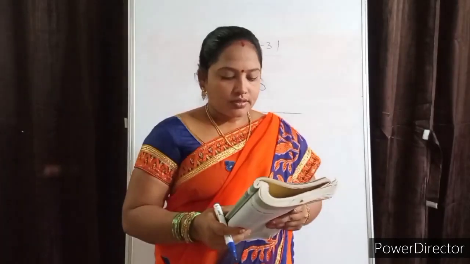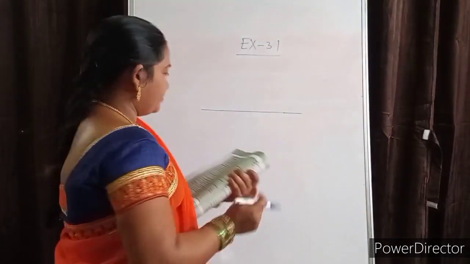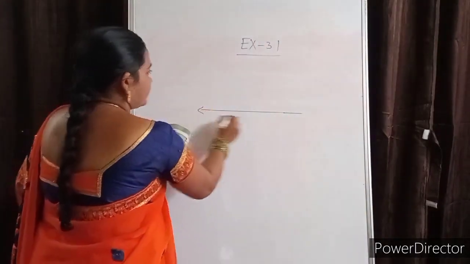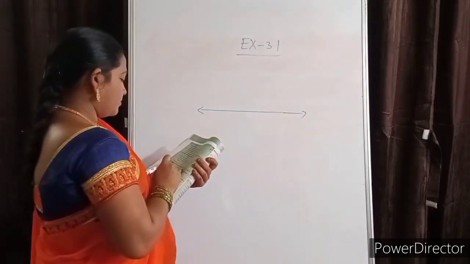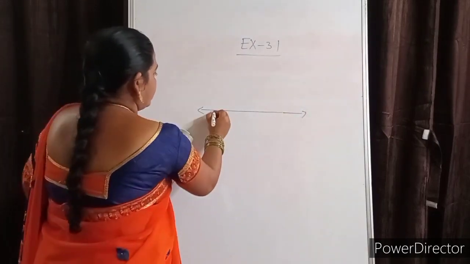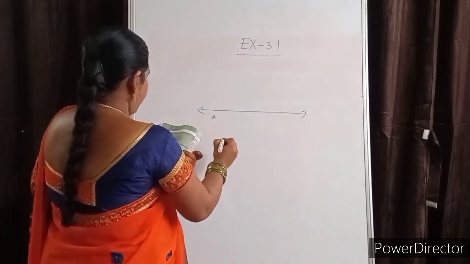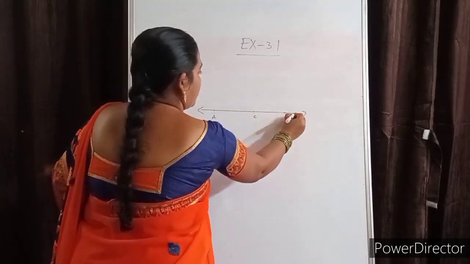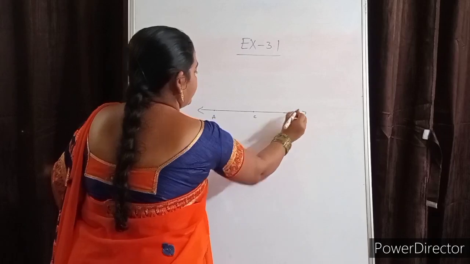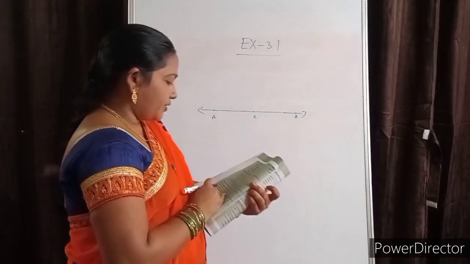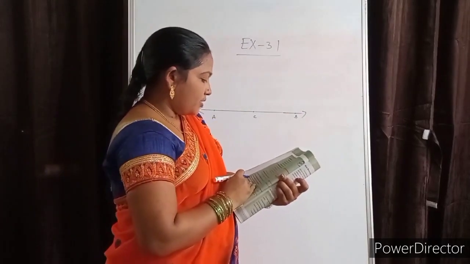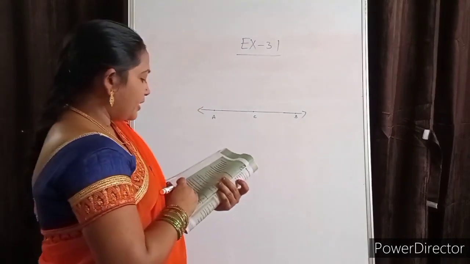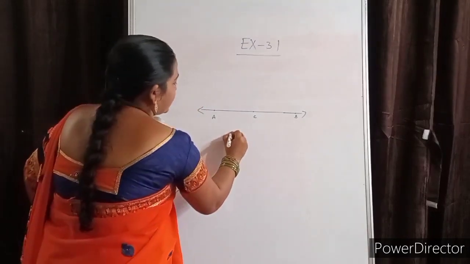Fifth question. From the figure, AB is greater than AC.